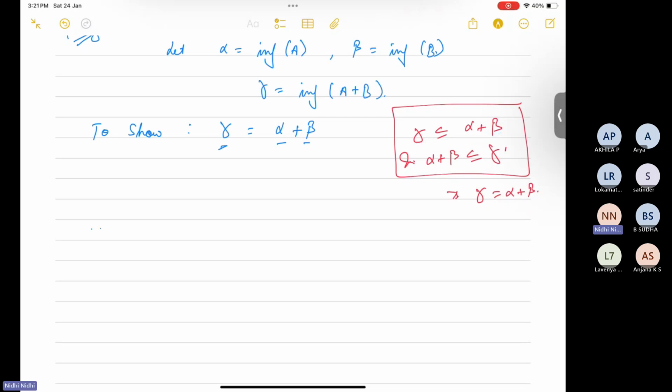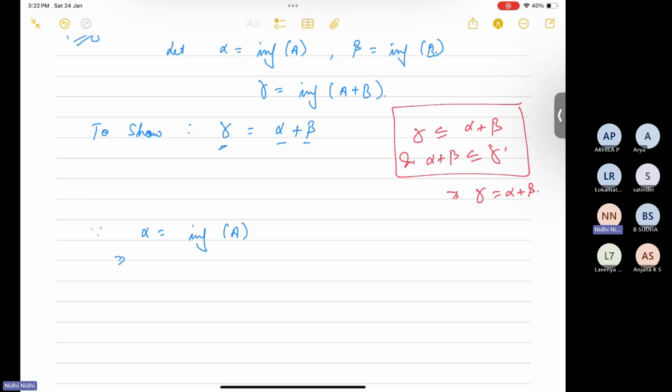Now, since alpha is the infimum of A, that means it is the greatest lower bound. That means it is less than or equal to each element of the set.